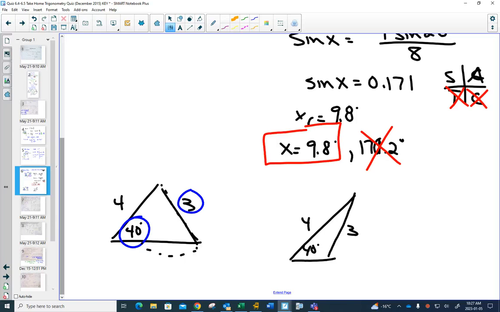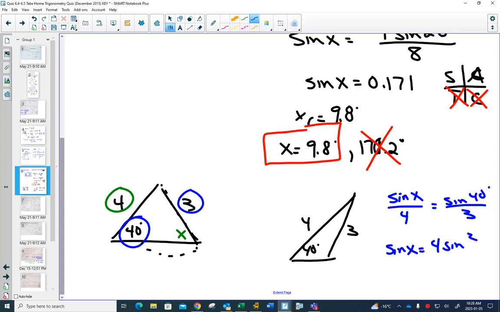And this time, when you solve for sine, I may as well just do it, because what can I solve for first? I can solve for that x. When I solve for that x with sine, look what happens. Sine of x over 4 equals sine of 40 over 3. So I get sine x by itself by multiplying both sides by 4.